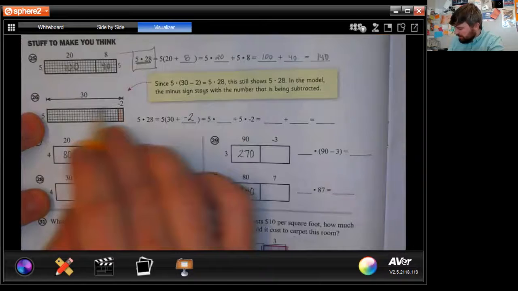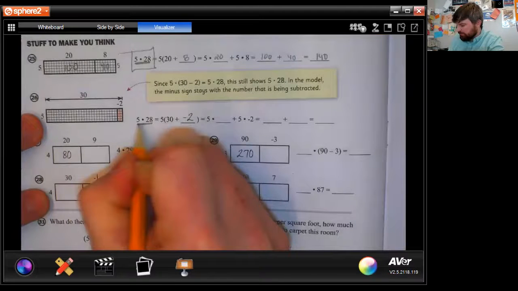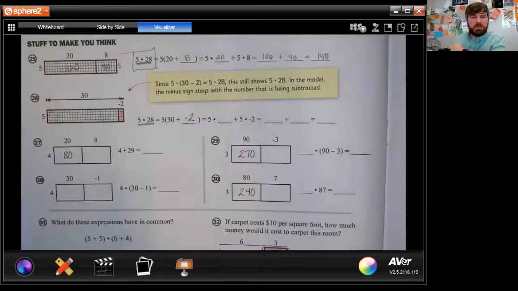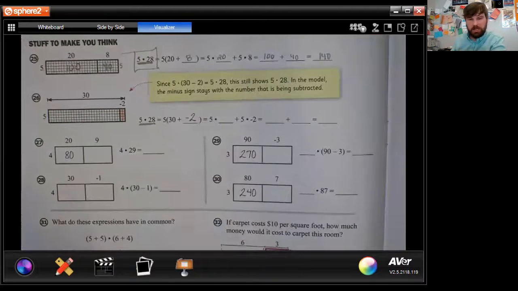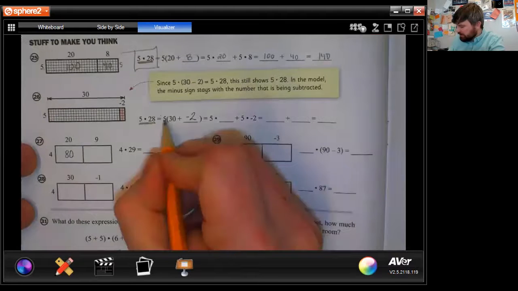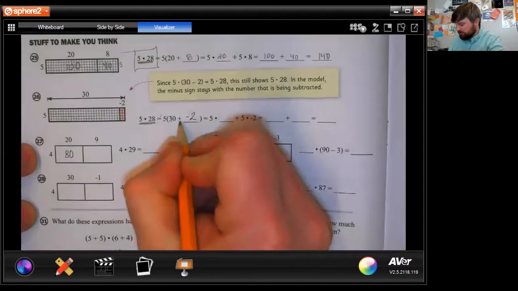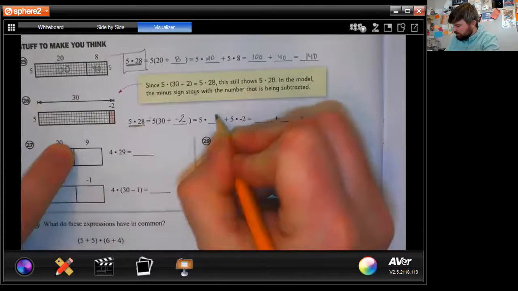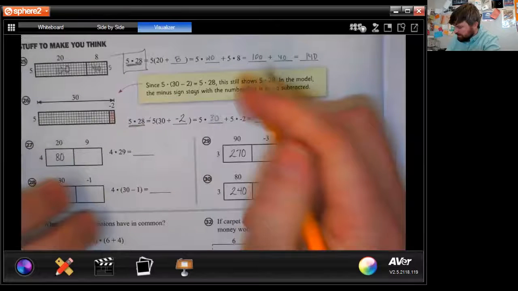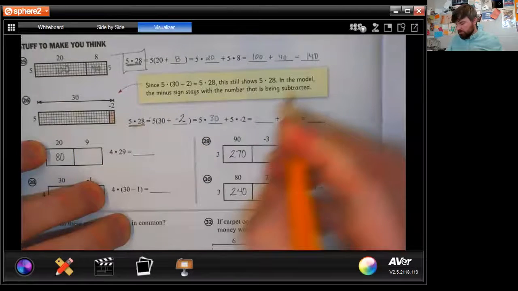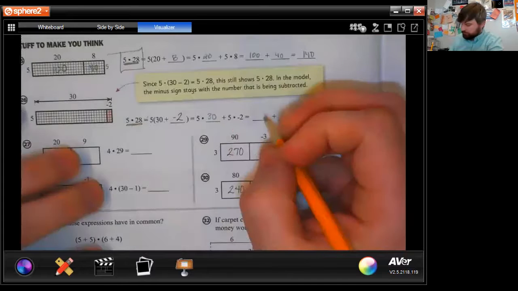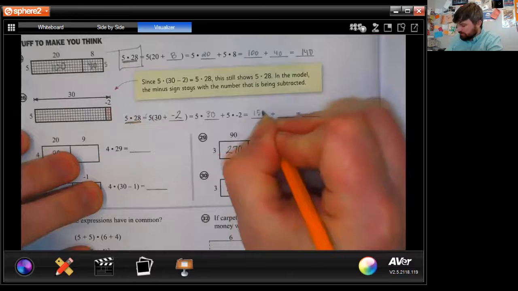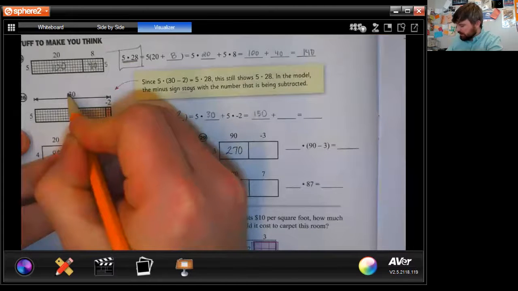Now, here they have a different way of doing 5 times 28, and they use the fact that we can do 30 as the whole thing, and if you just take away 2, then you get your 28. So here they have 5 times 30 minus 2, or plus negative 2. You take 5 times your 30, which is your large item, and then you have to take away this area right here, which is 5 times negative 2. 5 times 30 is 150, 5 times 3 is 15, plus you just add on your 0.